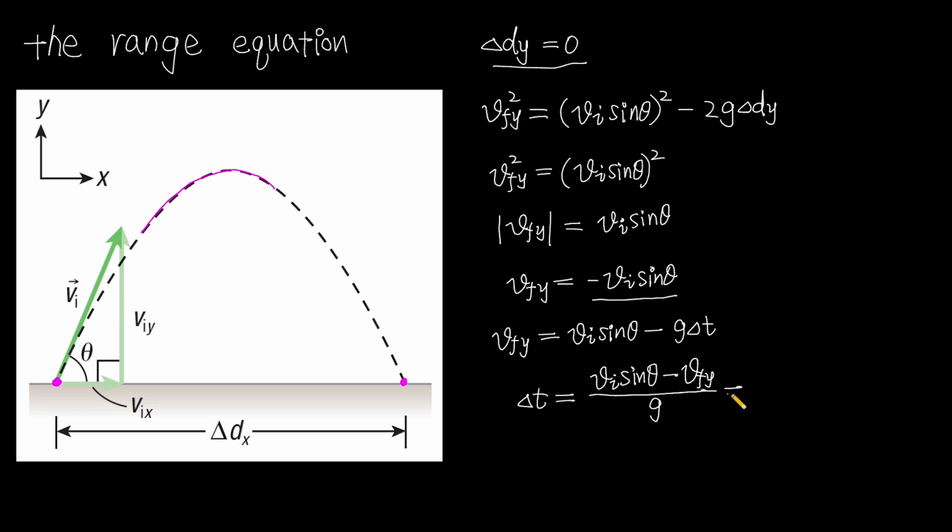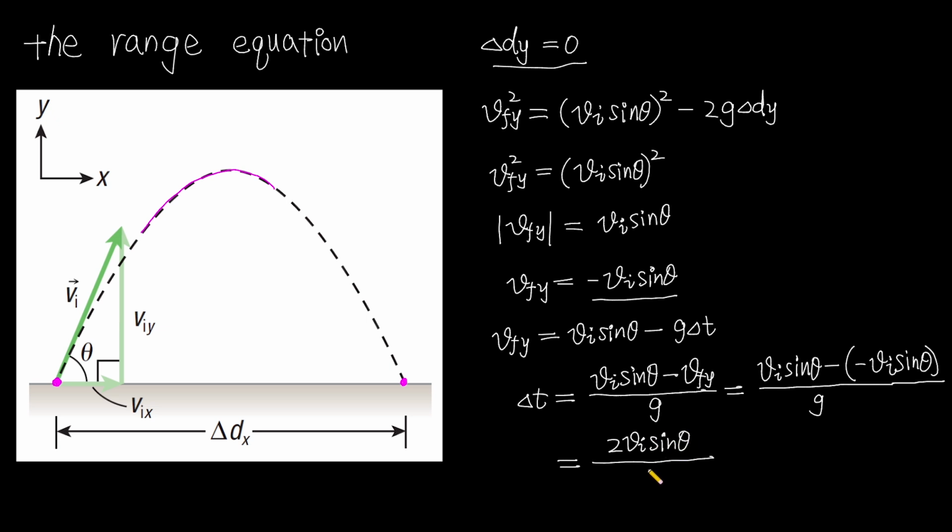So this equals, bottom g, top the initial velocity multiply sine theta minus negative initial velocity multiply sine theta, and this equals 2 multiply the initial velocity multiply sine theta over g. So delta t is this.